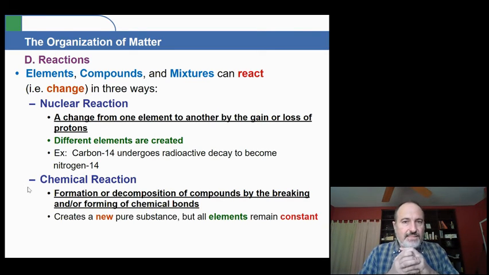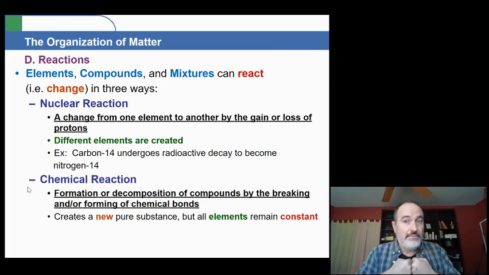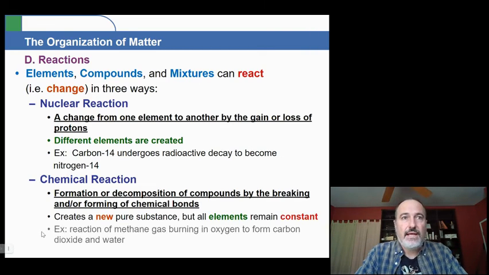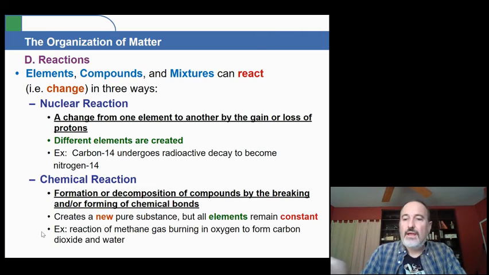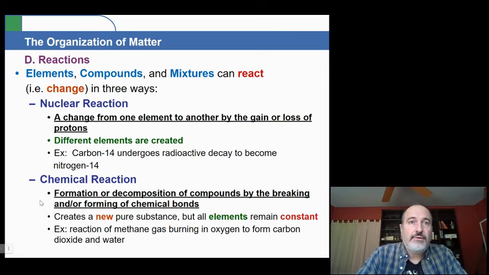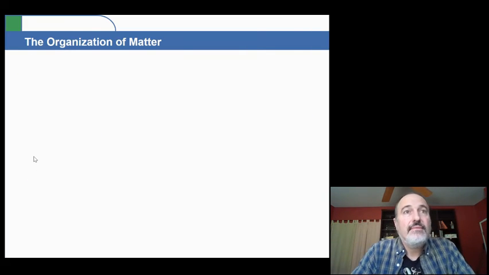So the atoms themselves are not destroyed, just the bonds between the atoms are either broken or new bonds are made. All right. So you can react methane gas, like in our lab burners. They burn in oxygen to form carbon dioxide and water vapor. But you still have carbon, hydrogen, and oxygen atoms as both reactants and as products.